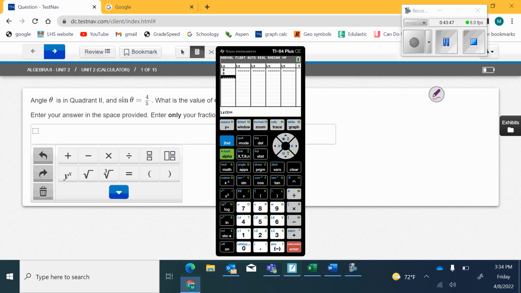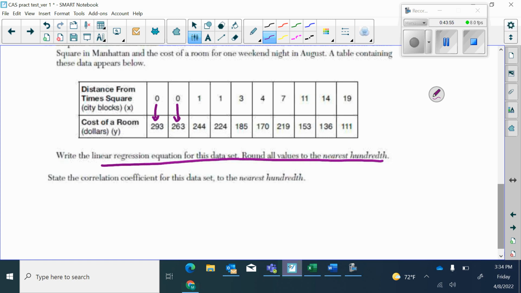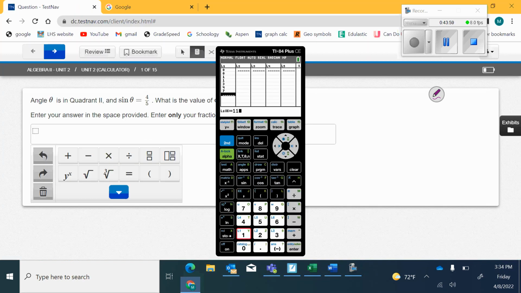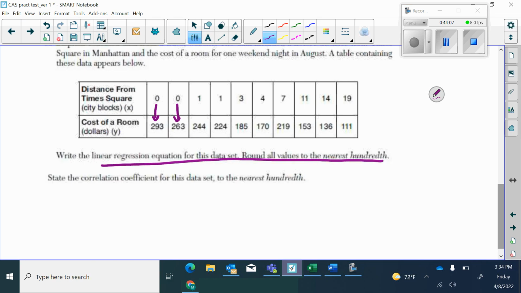And what were the last couple? 11, 14, 19. Okay, now I put the y coordinates in L2.